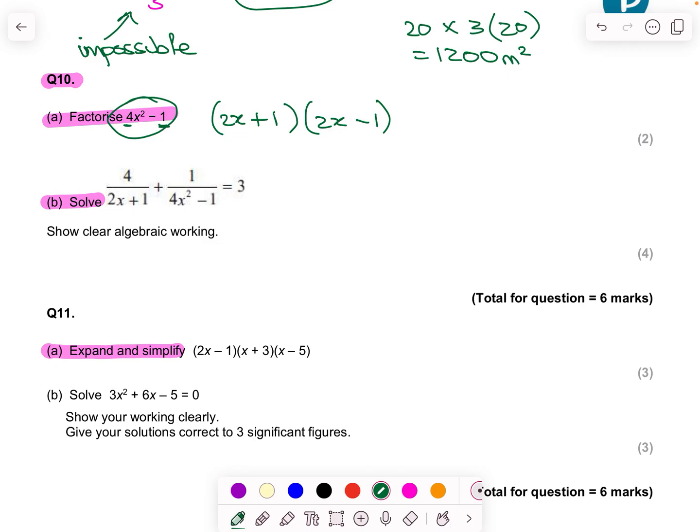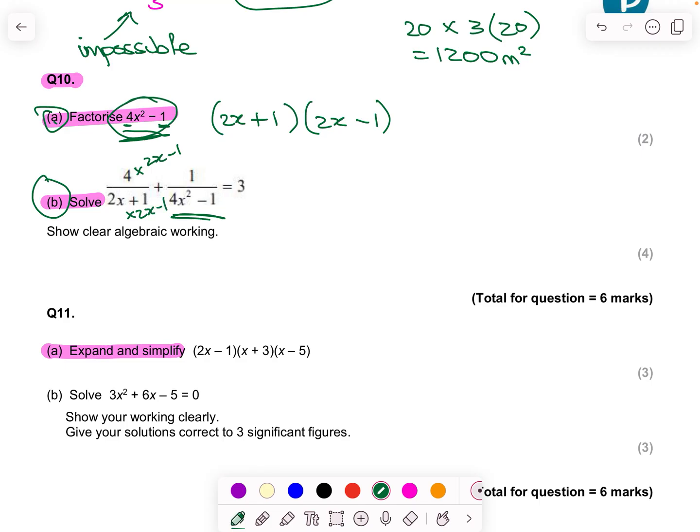And so we want to make these a common denominator. Now, notice how this was part A and this was part B. So they are connected. So I can make both denominators this, the 4x squared minus 1, by only multiplying this one by 2x minus 1, top and bottom.